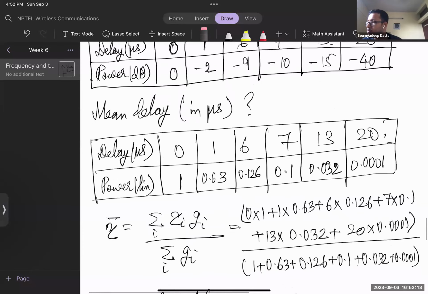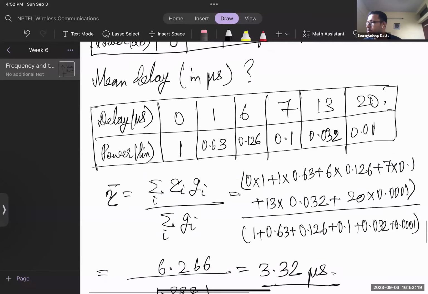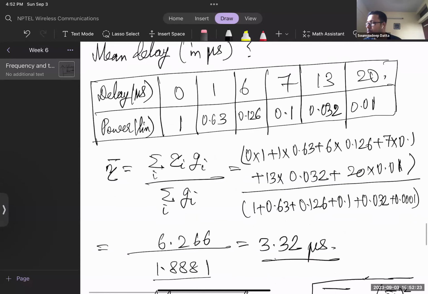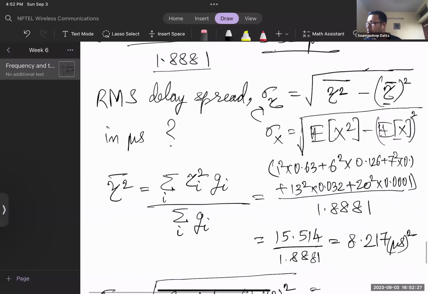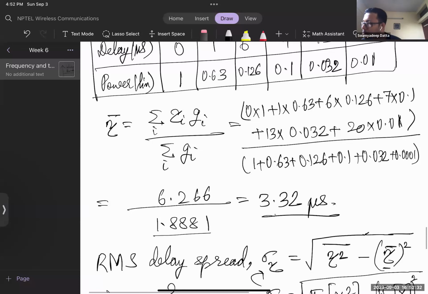If instead of minus 40, let's make this minus 20. So then this becomes 0.01, and this also becomes 0.01, and then this also becomes 0.01. So some calculations will change.